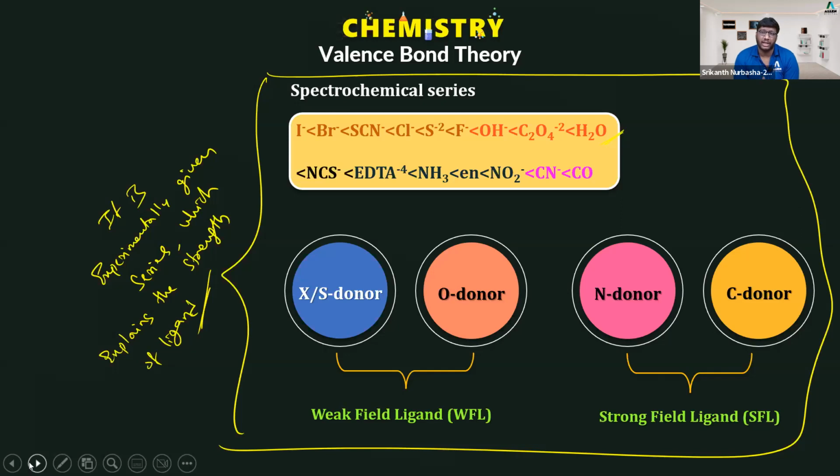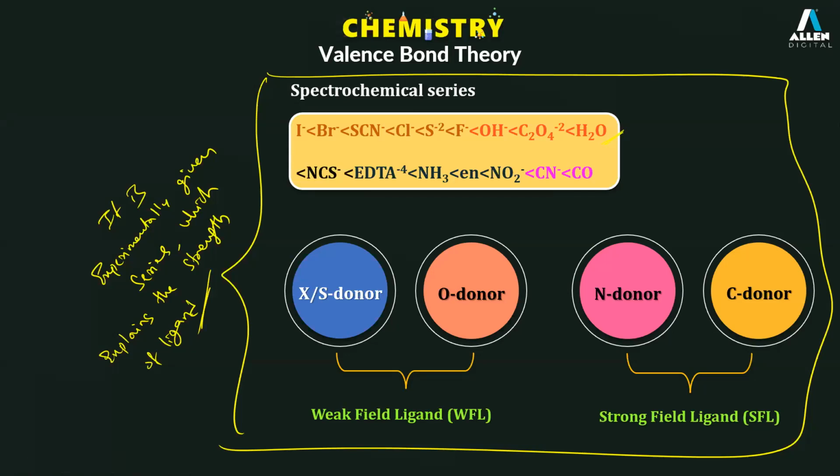Werner's theory just gives the type of primary valencies, what are primary valencies and what are secondary valencies.